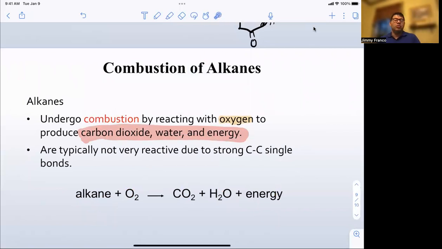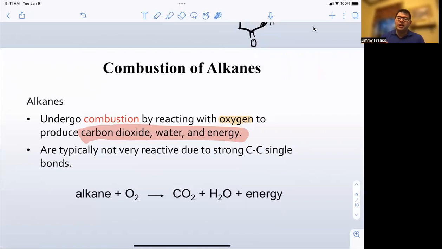Right? And this is what we do, we burn the gasoline to get energy for our car, and so it goes. Same thing's true actually with the food we eat. So if you take biochemistry, our body actually does a form of combustion every time we eat food. And so that's why we breathe out CO2 and we use energy, right? So it's actually kind of neat.